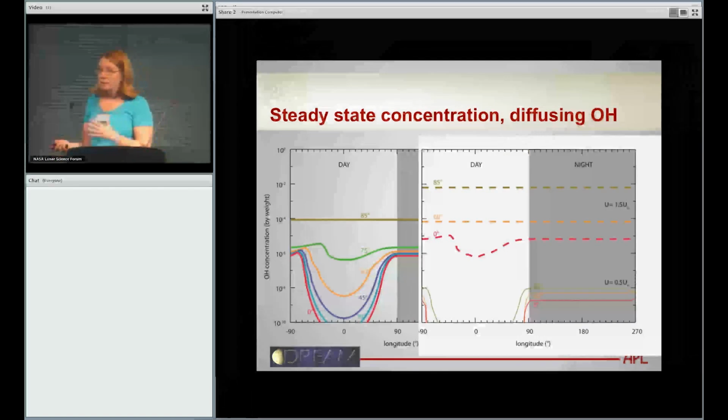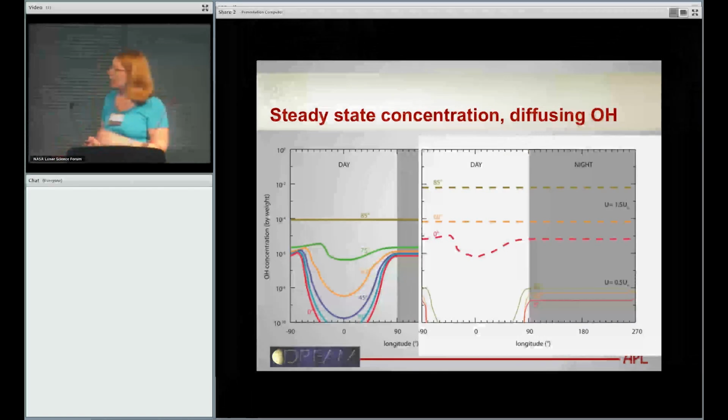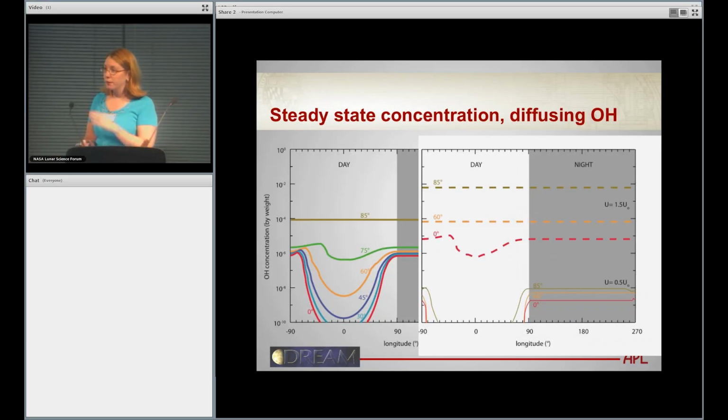But there could be some issues with how the water is distributed, if it's on the surface of grains versus evenly distributed, which is what I'm assuming in my model, that may enhance the signal in the IR. If we fiddle around with our activation energy in our model of diffusion, increasing it here, what happens is the latitude range where the diffusion time is longer than illumination extends, so you're going to have a broader band where it's a flat concentration, and then at lower latitudes you have this diurnal signature.